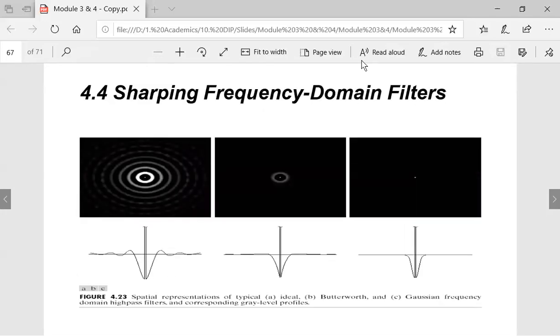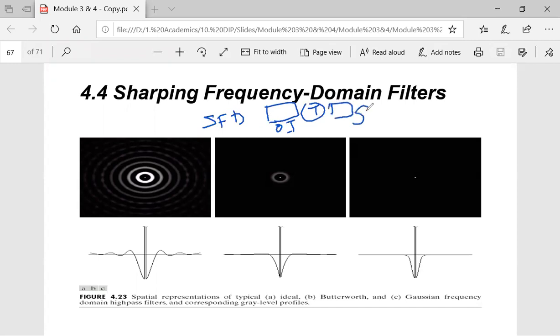So the main difference here is that in the smoothing frequency domain, the image is smoothed. This is the original image, and you apply some transformation function, that is H of u comma v, directly. Then you get the smoothed image.